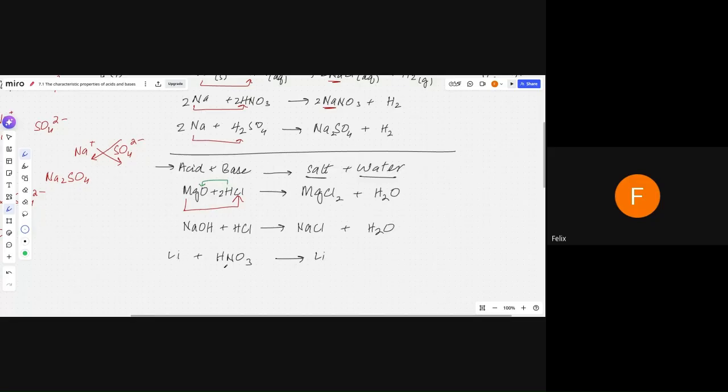So metal, okay, no, lithium oxide, Li2O. So lithium nitrate, LiNO3 plus H2O, right? So I'll have to put 2 here, and then I'll have to put 2 here, and the equation is balanced.